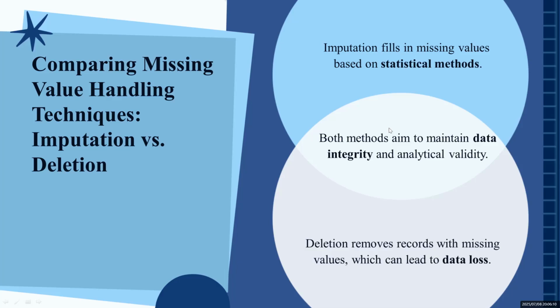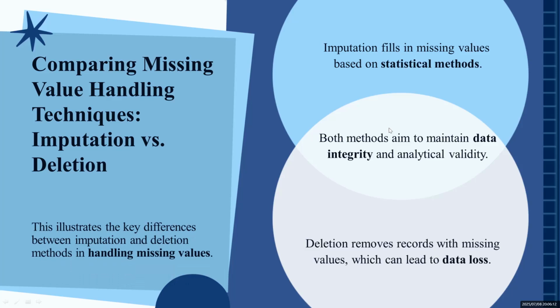I hope you understand. Now, the imputation and deletion methods illustrate the key difference in handling missing values. Both methods tell us about handling missing values.